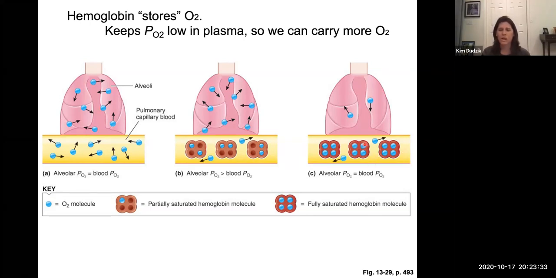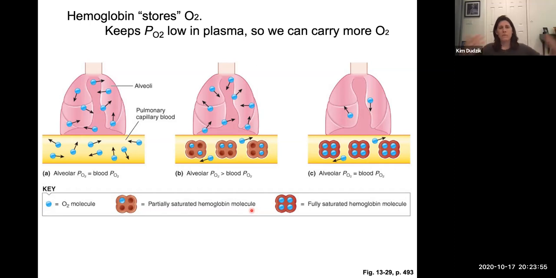So now we're carrying more. When hemoglobin has all of its sites bound, we call the blood cell fully saturated. When only some of the sites are bound, then we say that it's a partly saturated hemoglobin molecule.